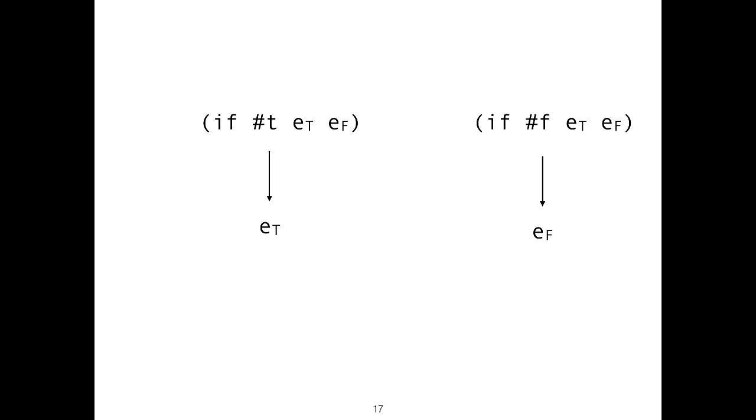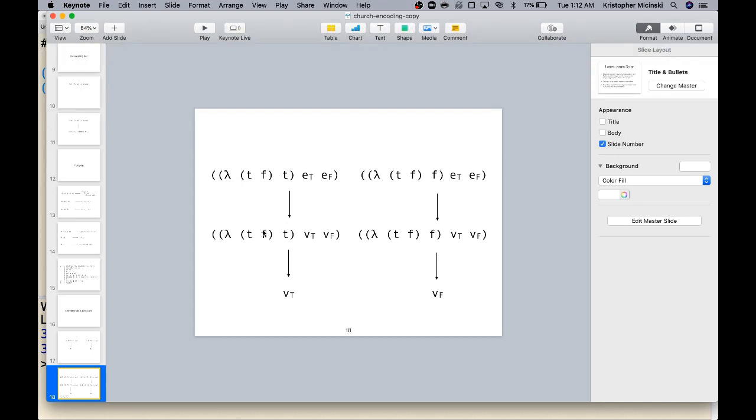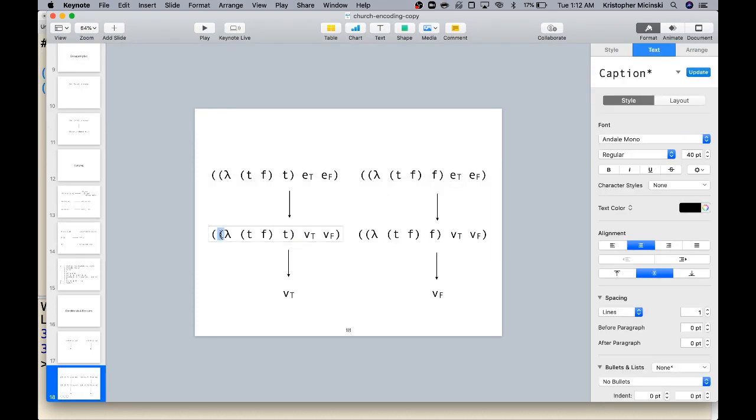All right? So that gives us a little bit of a hint. We could think about maybe encoding the value of true and false like this. So let's say, I'm just going to take this and literally copy and paste it.